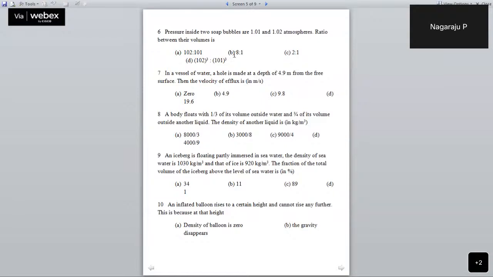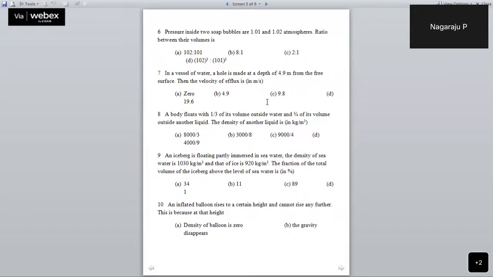And in question 7, in a vessel of water, a hole is made at a depth of 4.9 meter from the free surface. Then the velocity of efflux. You remember the formula, velocity of efflux is V is equal to square root of 2gh. You just substitute. This is also a medium type, and medium means again you have to apply the formula.